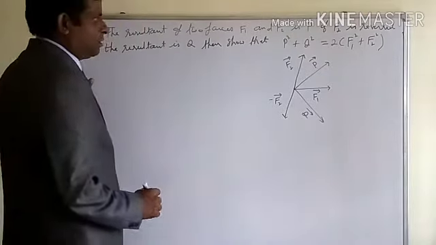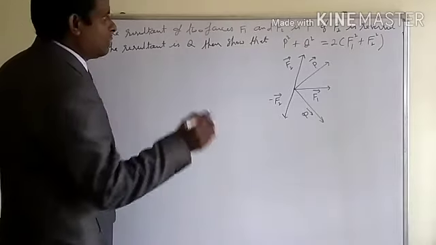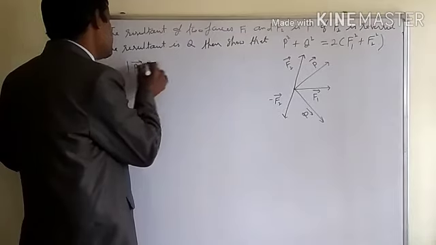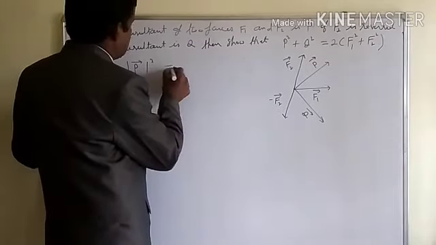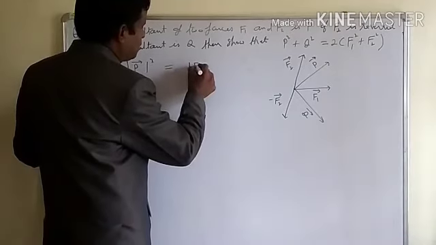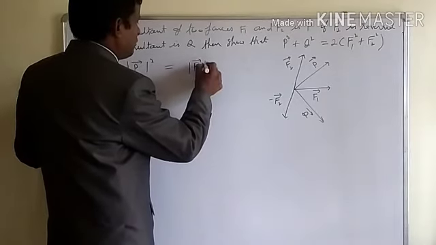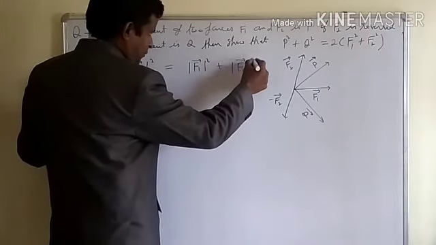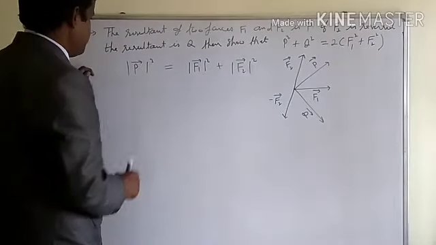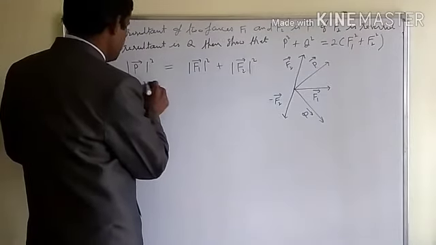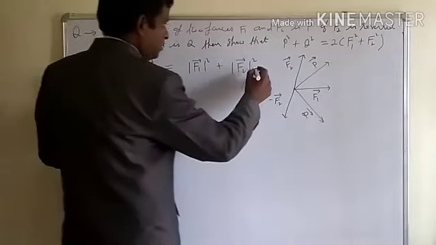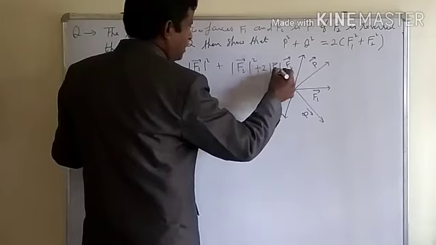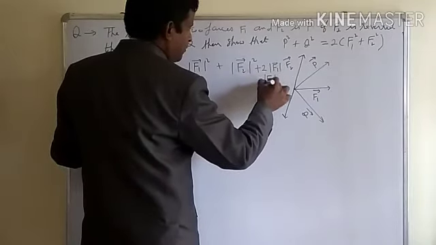So by using the parallelogram law of vector addition, we may write mod P square is equal to mod F1 vector square plus mod F2 vector square plus 2 mod F1 vector mod F2 vector cos theta.